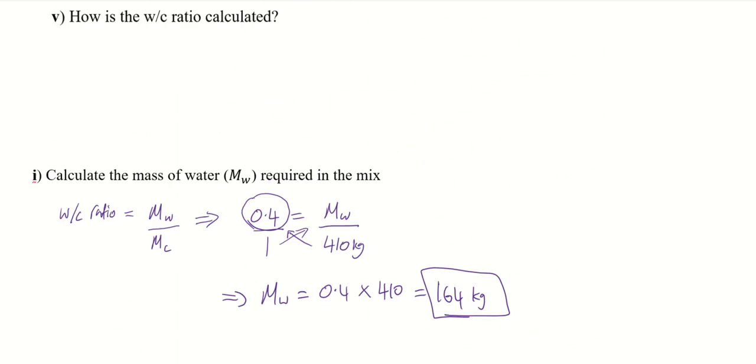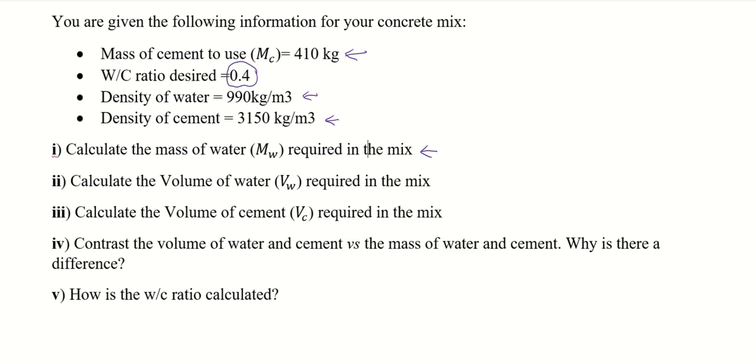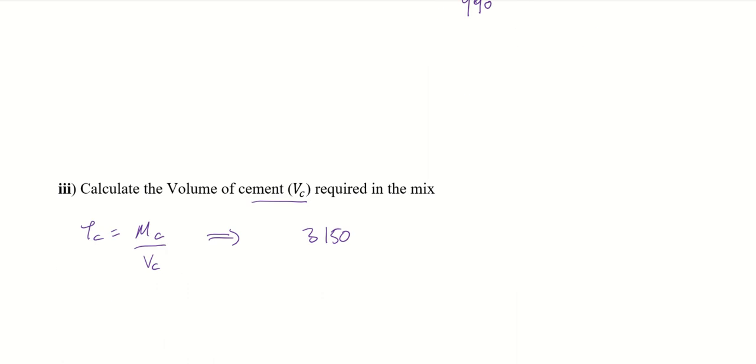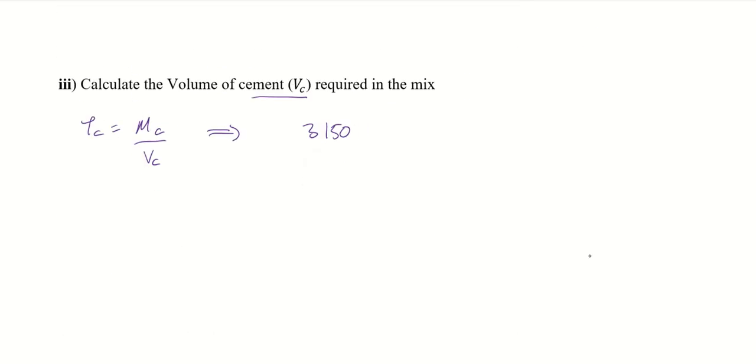So let's just double check that. Yes, 3150 kilograms per meter cubed. That's equal to the mass of cement, which we already know, and that's given as 410 in the question, divided by VC.